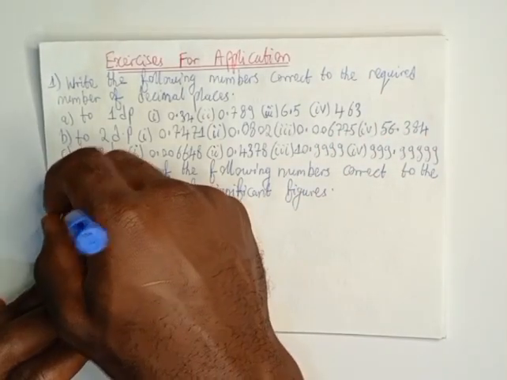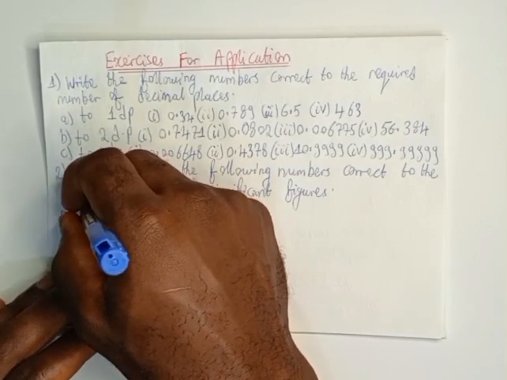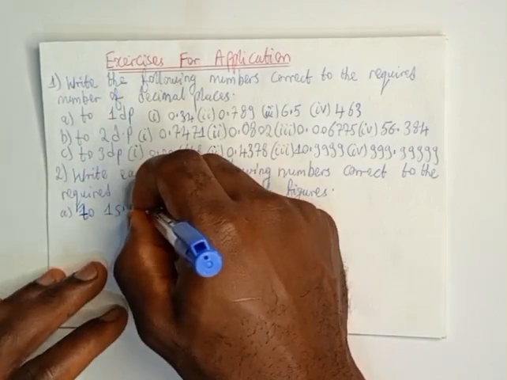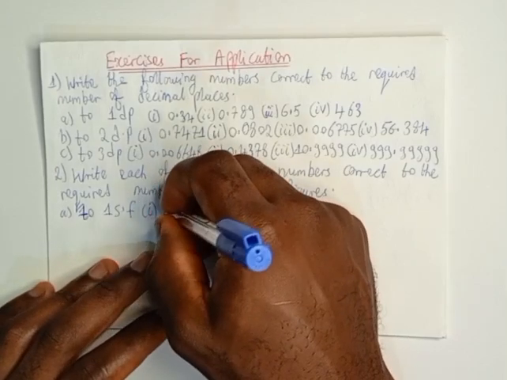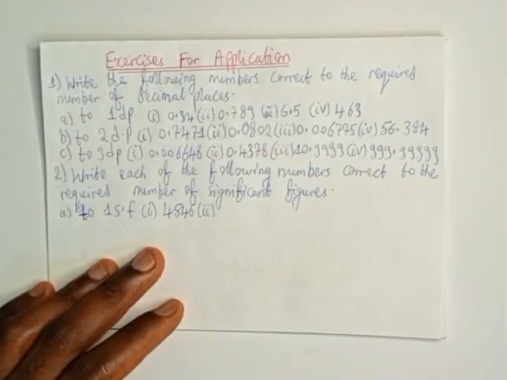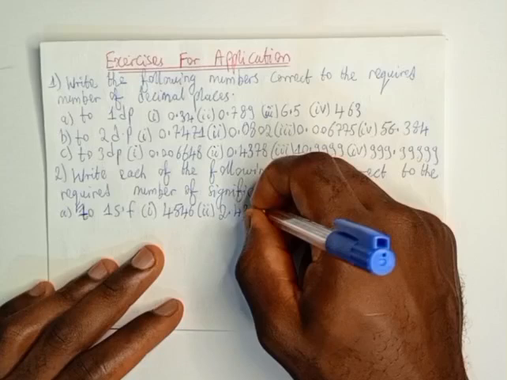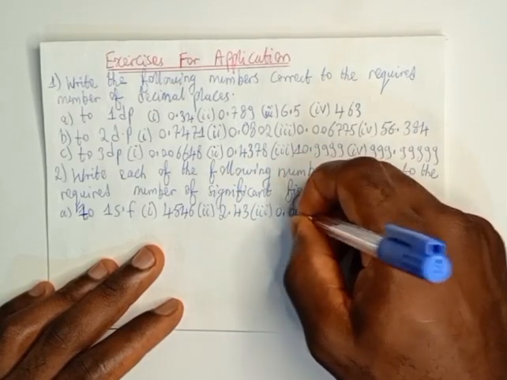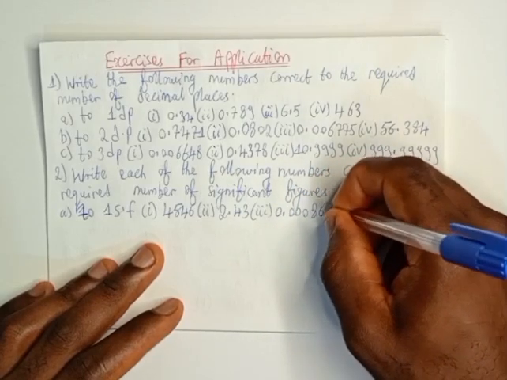For A, 1 SF. For I, we have the number 4546. For 2I, we have the number 2.43. For 3I, we have the number 0.00086. IV, we have the number 0.0711.